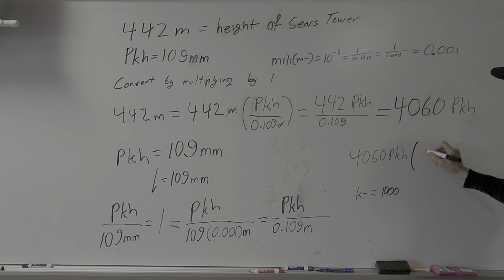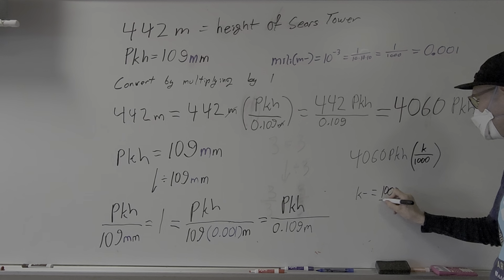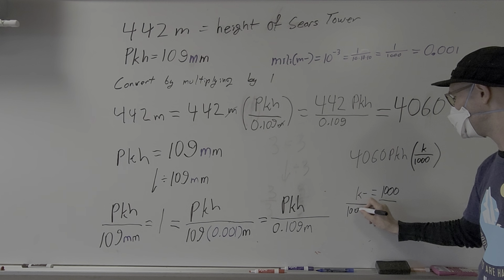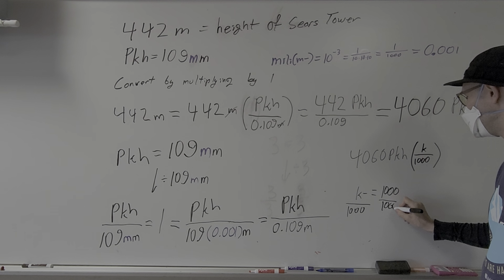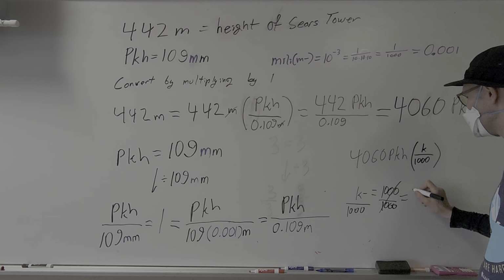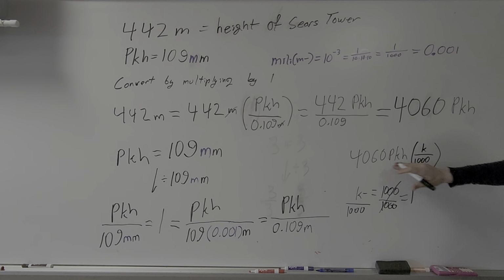So I can multiply this by 1, where I have 1 kilo divided by 1,000. This value is 1, because 1,000 over 1,000 is 1. So I can write this as 4.06 kilo percentile hands.